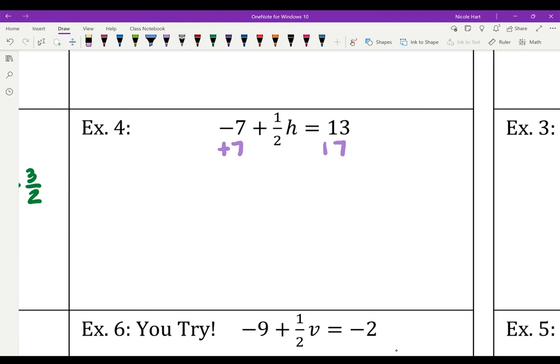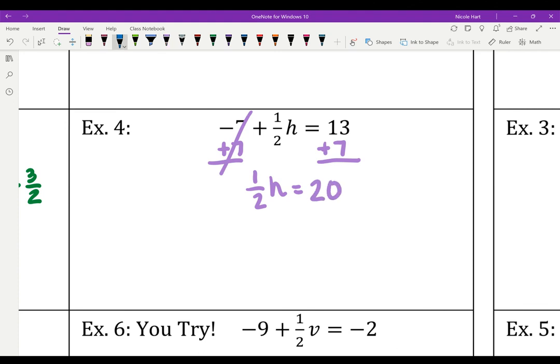That is not something that we do. We don't need to do that. So when we go through and cancel things out, -7 and a +7 cancels out. And we have 1/2 h equals, oops, plus sign disappeared, 13 plus 7. 13 plus 7 gives us 20.